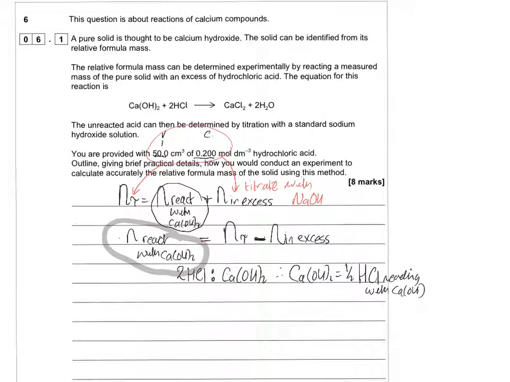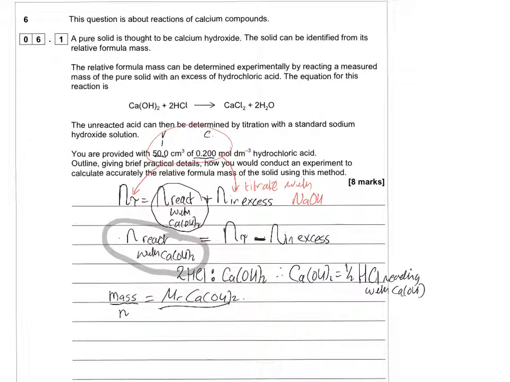And once we have the number of moles, mass divided by the number of moles will give us the MR of the calcium hydroxide, and therefore we can recognise the solid. So that is one of our rules.